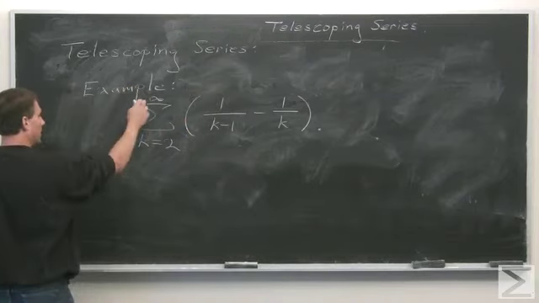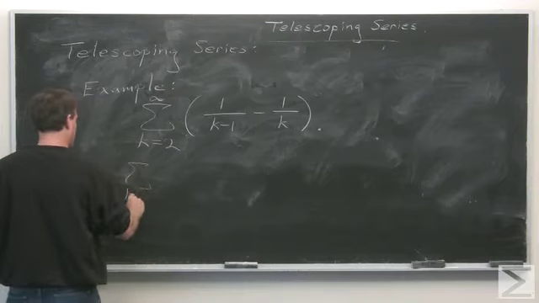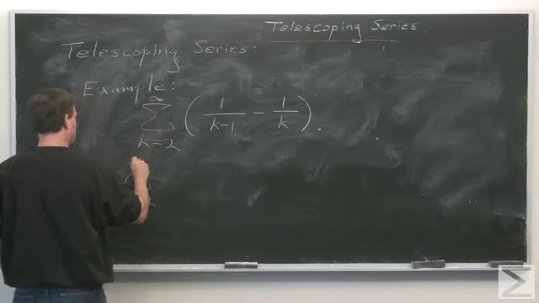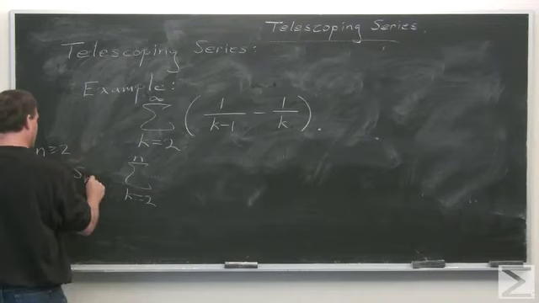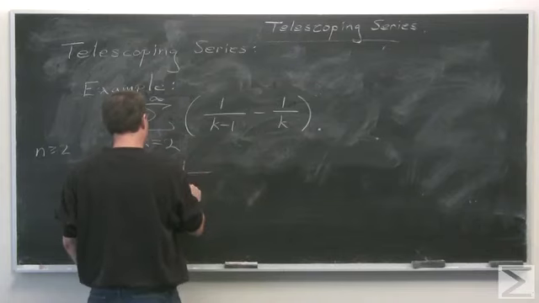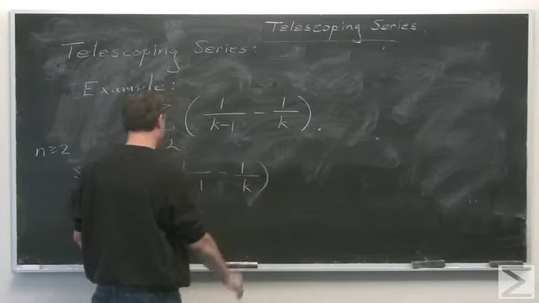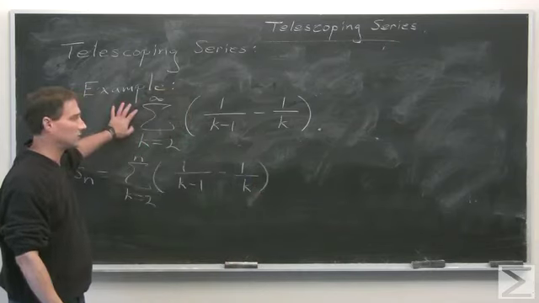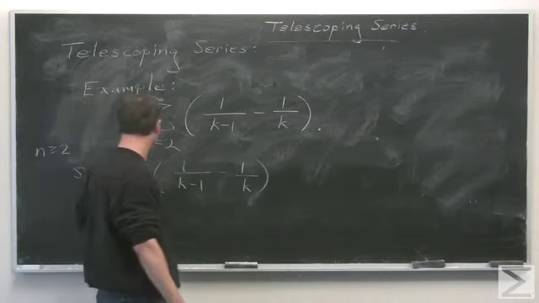So I'm going to look at the sum as k goes from 2 to n, where n is greater than or equal to 2. I'm going to look at this S sub n. We can actually find a nice formula for the partial sums, which will make it easy to figure out whether this series converges or not, and if it converges, what it converges to.